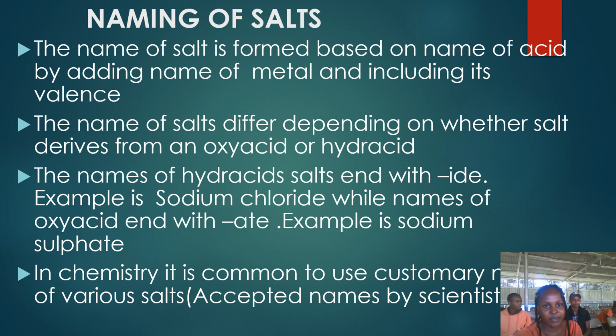The naming of salts is based on the name of the acid, by adding the name of a metal and including its valency. The names also differ depending on whether the salt derives from an oxyacid or a hydracid.